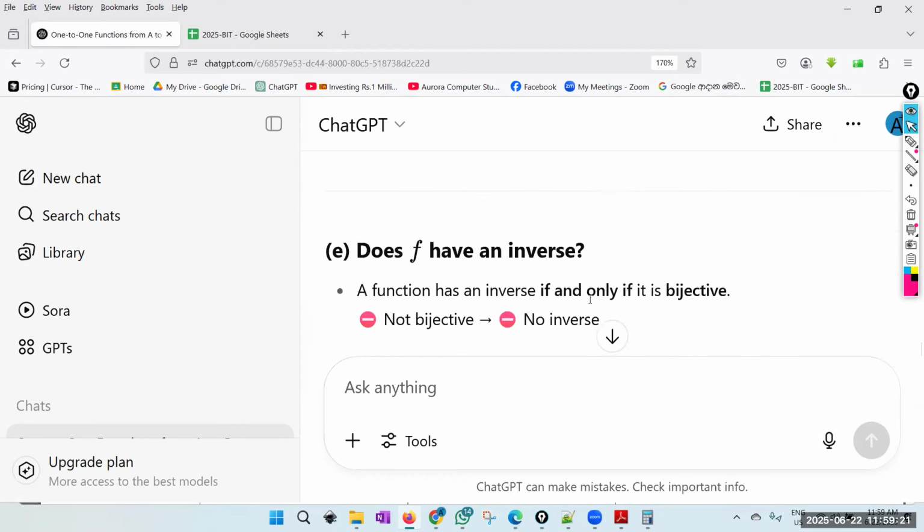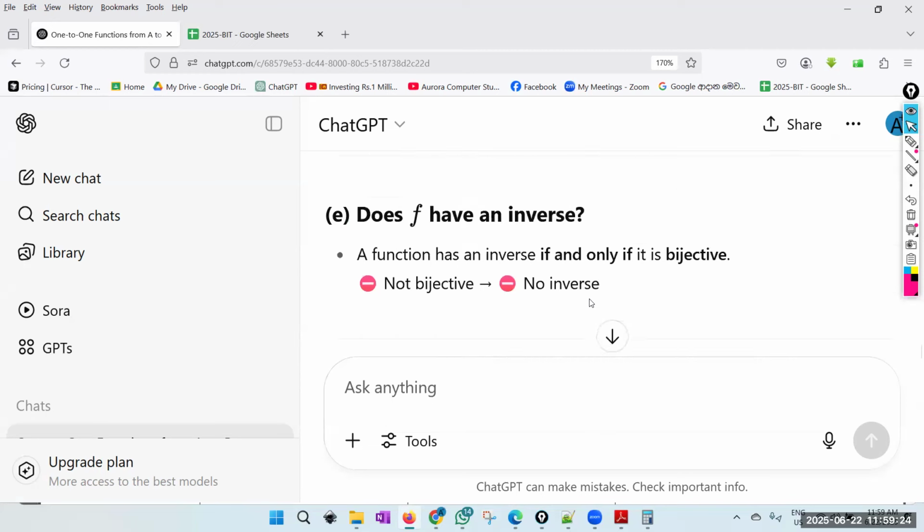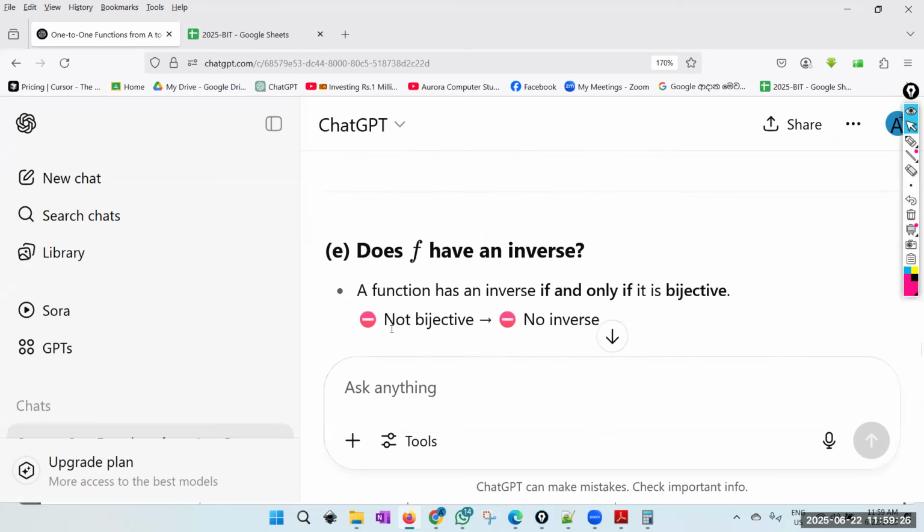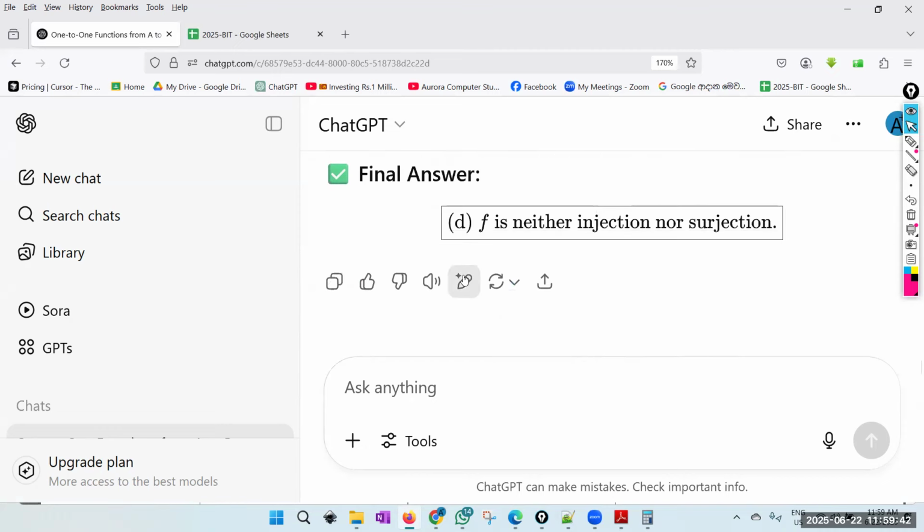P is correct. So that is unfair also. ChatGPT also says no inverse. Not bijective, therefore no inverse. But actually it has an inverse, but the inverse is not a function.